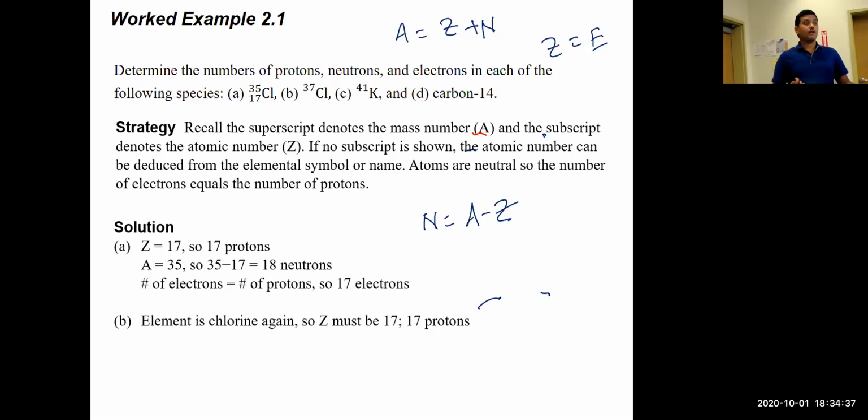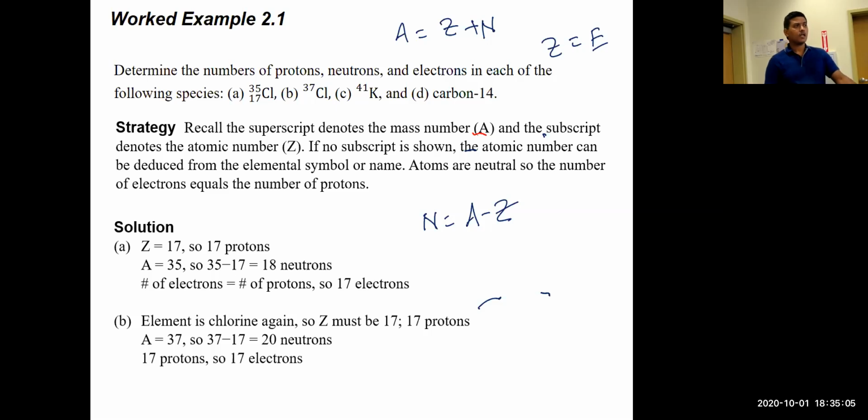This time chlorine has 37 as mass number. To identify the number of neutrons, you subtract the number of protons, the atomic number, from the mass number 37. So 37 minus 17 is 20. It has 20 neutrons. Now, because chlorine has 17 protons, it should have how many electrons? 17. All right. Now let's work on the rest of the two problems.